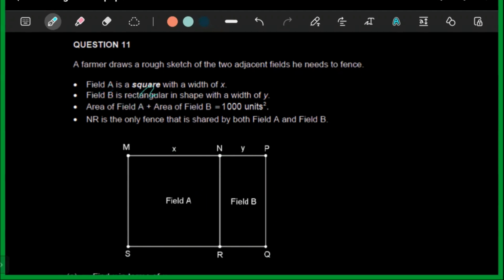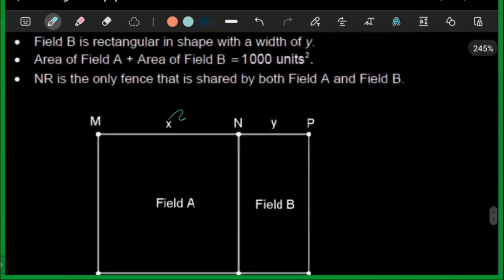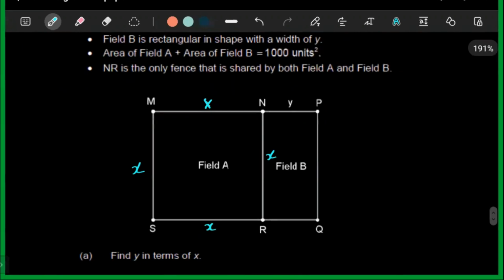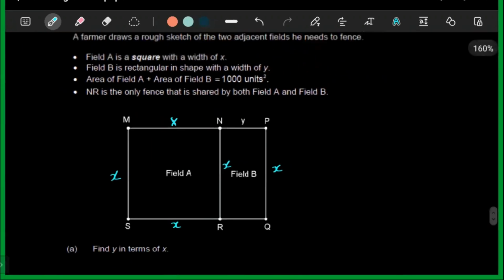Field A is a square with a width of x. So if it's a square, you have to remember that this is x, this is also going to be x, this is also automatically x, this is also automatically x. Don't take for granted those pieces of information. Then it says, the field B is a rectangular shape with a width of y.